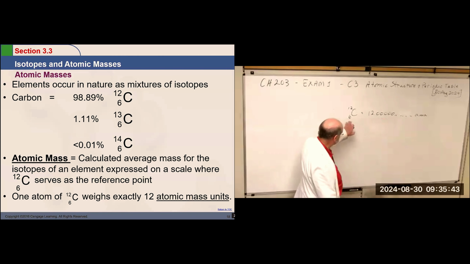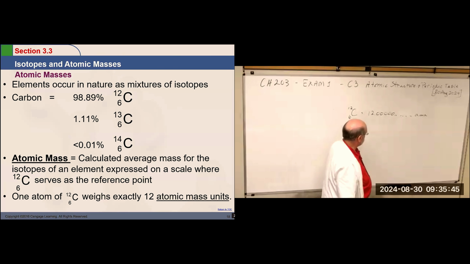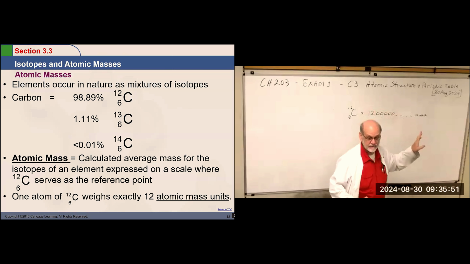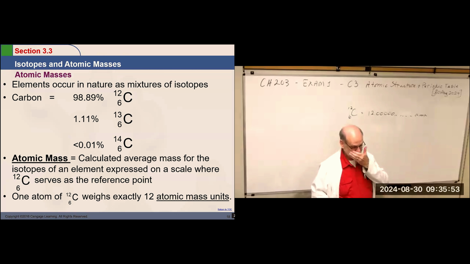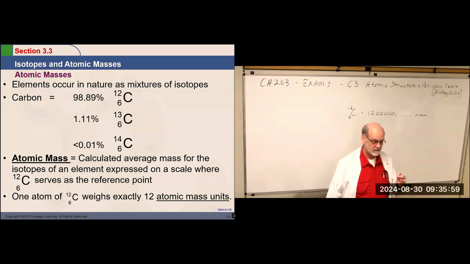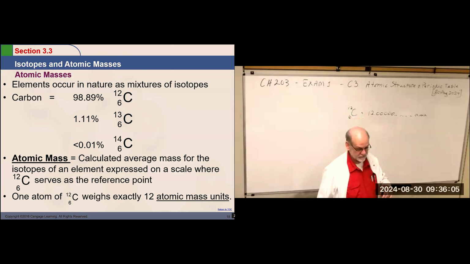So that isotope, that atom, has a mass of 12 atomic mass units. Everything else is compared to that, even the other isotopes of carbon. So carbon-13 is not going to be exactly 13 atomic mass units in its mass. It's going to be a little bit different than that.